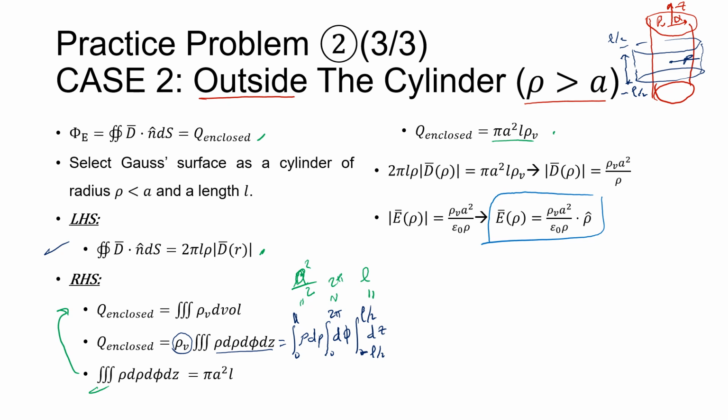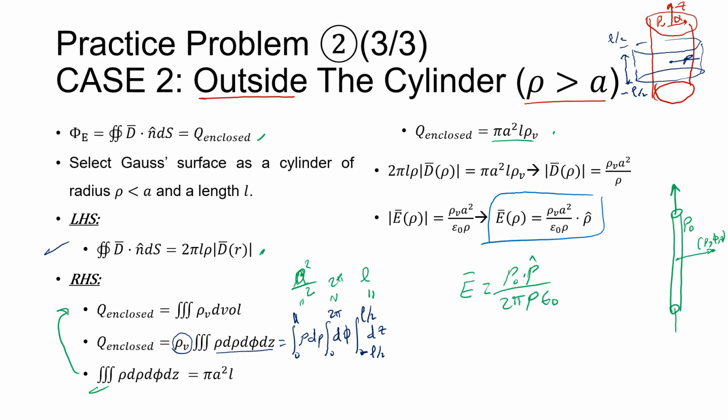Just for your memory, we have calculated E for an infinite line charge. If we have a very narrow cylinder here, or what we call a wire, and it has charge rho naught, and we are calculating the field somewhere at rho, phi, and z, we got the result that E is equal to rho naught over 2 pi epsilon naught rho.